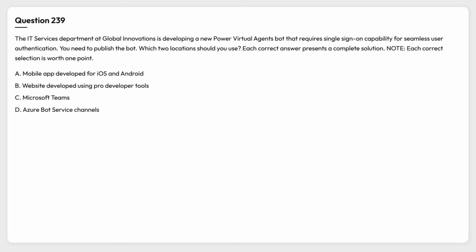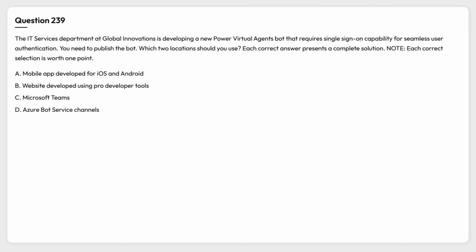Question number 239. The IT service department at Global Innovations is developing a new Power Virtual Agent bot that requires single sign-on capability for seamless user authentication. You need to publish the bot. Which 2 locations should you use? Option A, mobile app developed for iOS and Android.